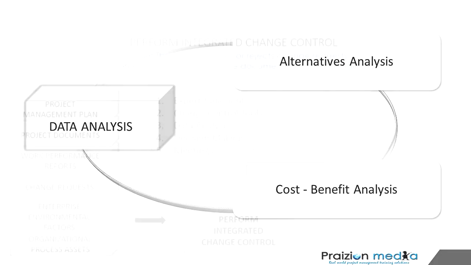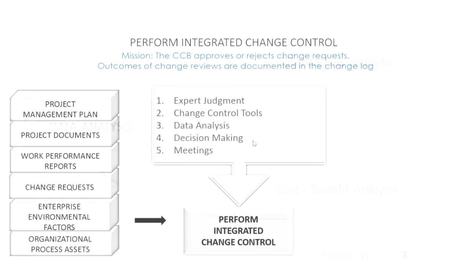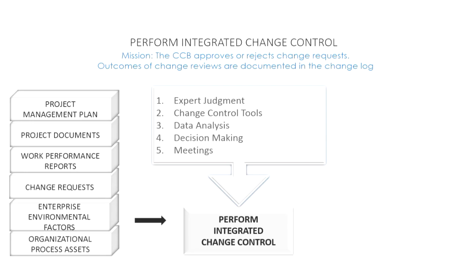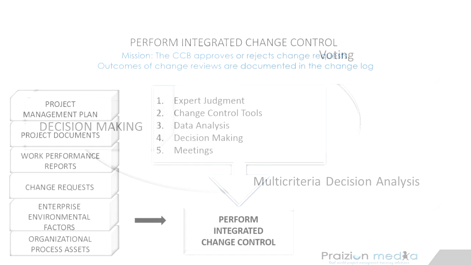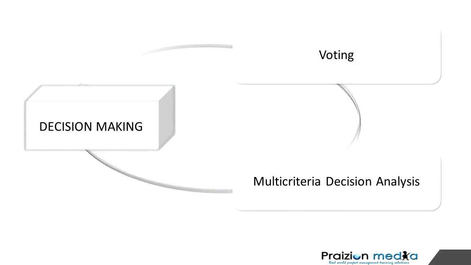Next, we have decision making, making decisions in the change control board. There are all sorts of ways this could be done. It could be majority wins the vote, but the two broad categories are voting on making a change request or not, or multi-criteria decision analysis.